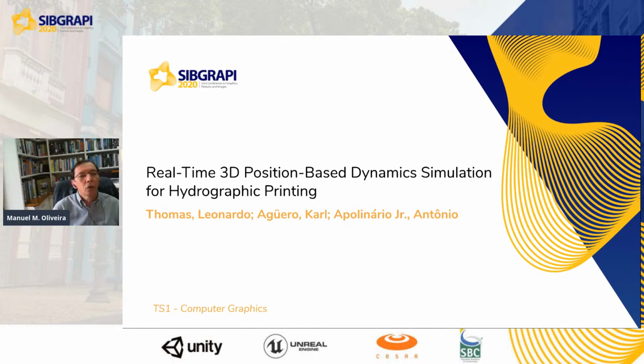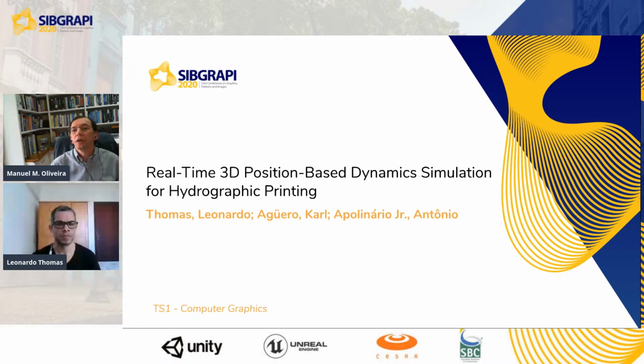Thanks, Leonardo. I don't see any questions at the moment, so I'll start with my own question. So, Leonardo, how does the technique handle, say, singularity points? For instance, when you have a sphere and you put it on the water, and I could see this in your longer video, right?